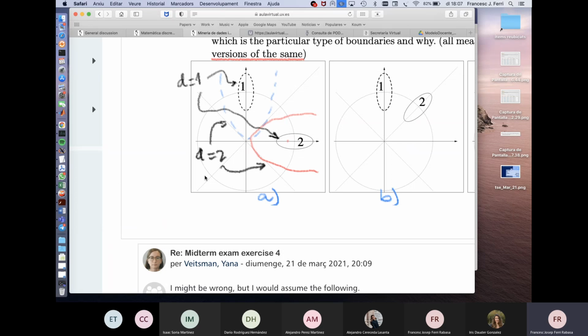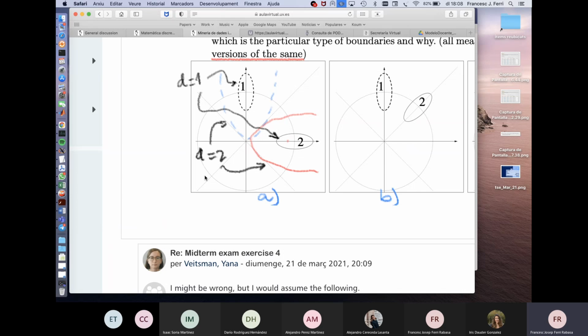But anyway, the points lying in this line that goes, of course, to infinity are points that are at the same distance, Mahalanobis distance, from class 1 and class 2. I think almost everybody has answered this correctly, but some people have stopped here. I don't know why.